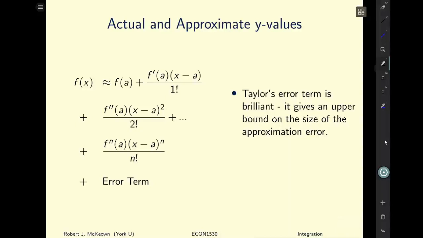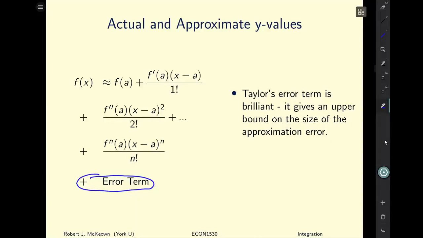Now, Taylor's major insight has to do with this error term here. There's a way to measure the error term, at least approximately, and to get a bound on the size of the error term. So not only are you using an approximation that's easier to calculate, you also have an idea of how much precision your approximation has.